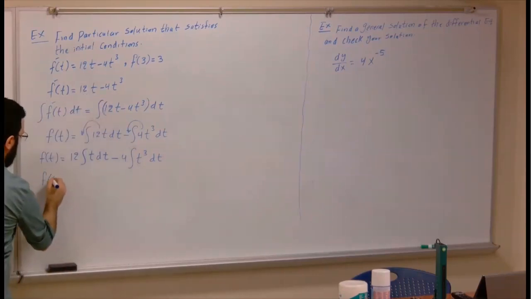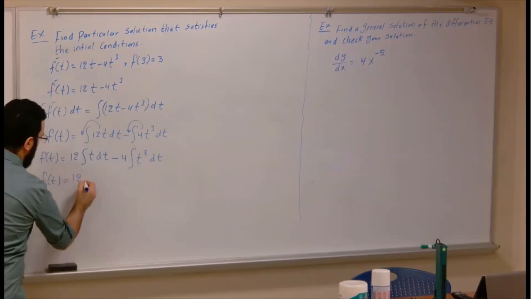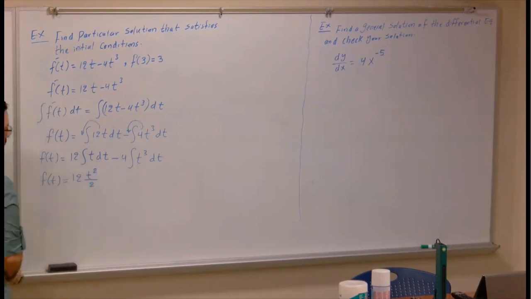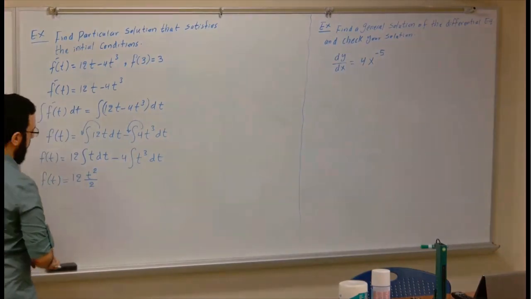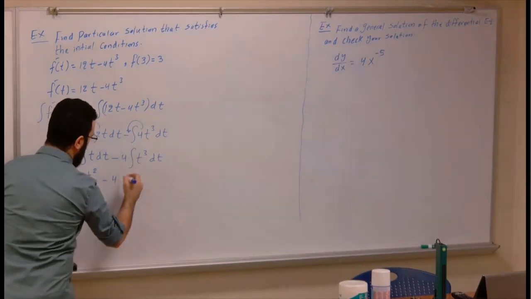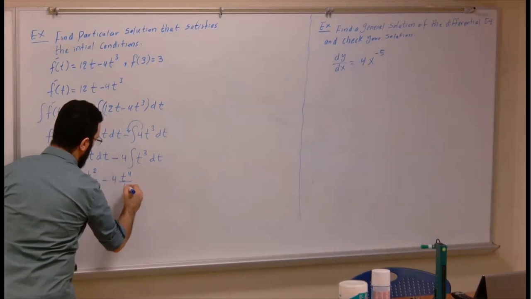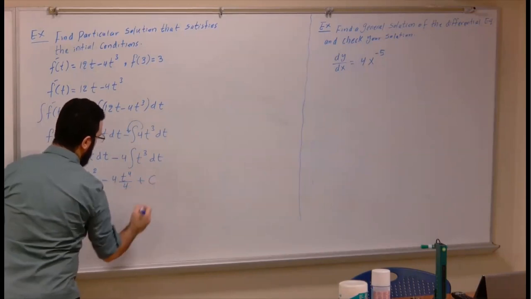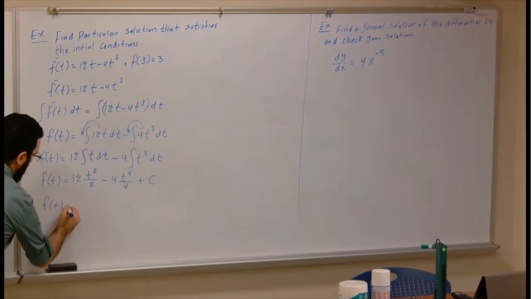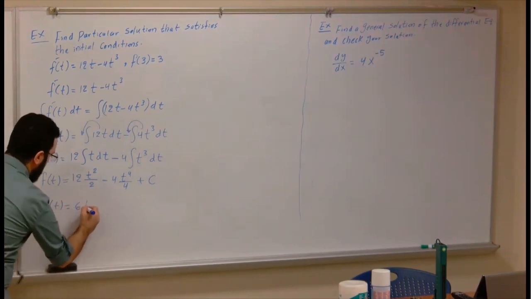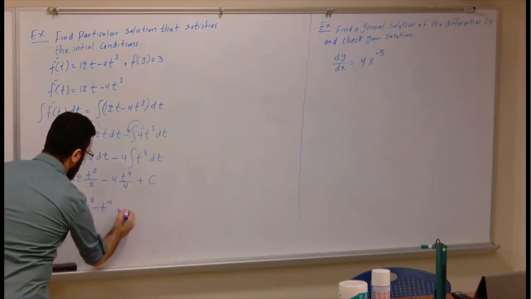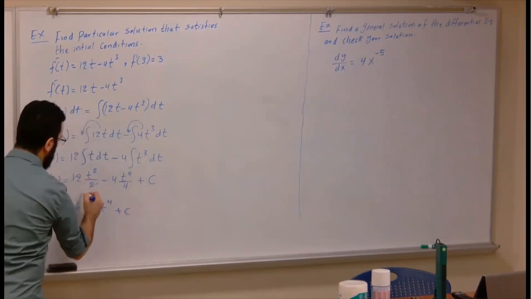That means f of t is going to equal 12 times t, 1 plus 1, so it's going to be t squared over 2, minus 4 times t, add 1, so it's going to be t to the power 4 over 4, and everything plus c. Simplified, f of t is going to be 6t squared minus t to the power 4 plus c.